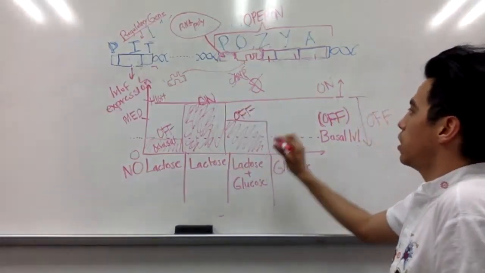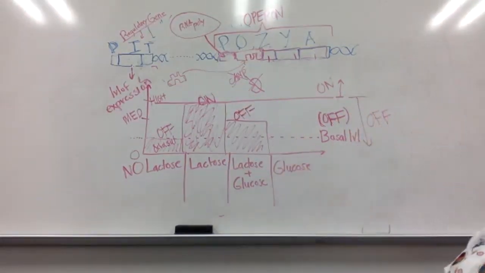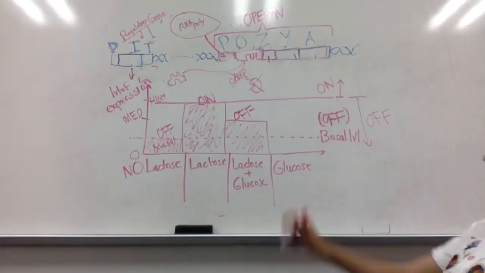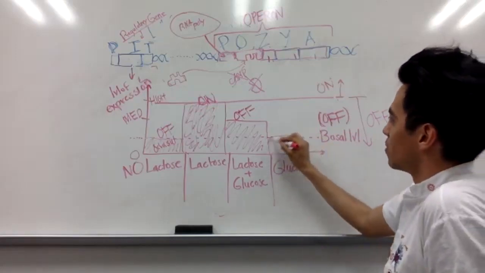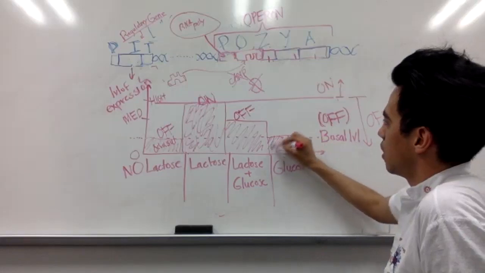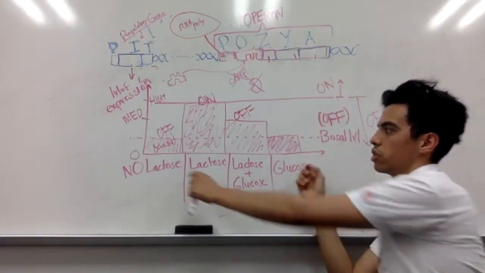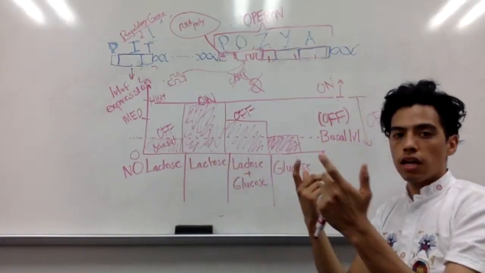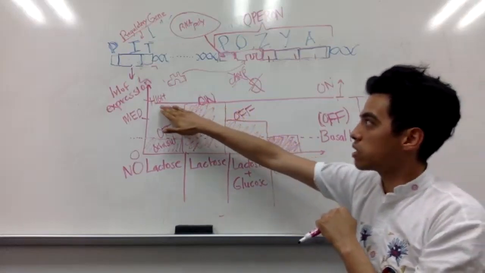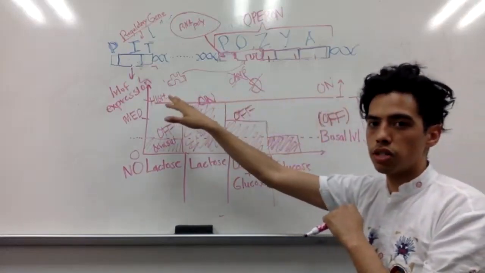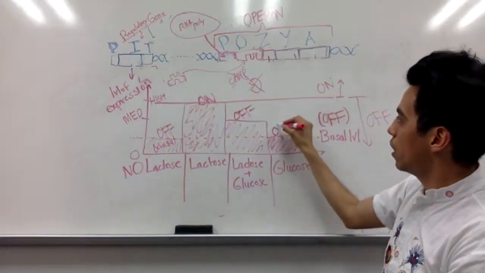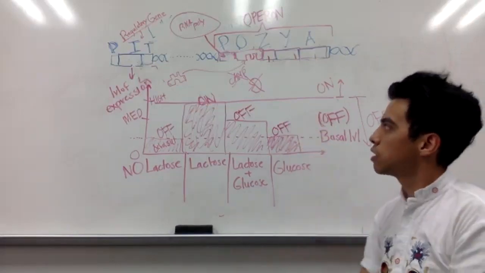And so this would be basal, similar to no lactose. But like we said, anything below this high level of expression bar is off. So in the case of just having glucose, it would be off.